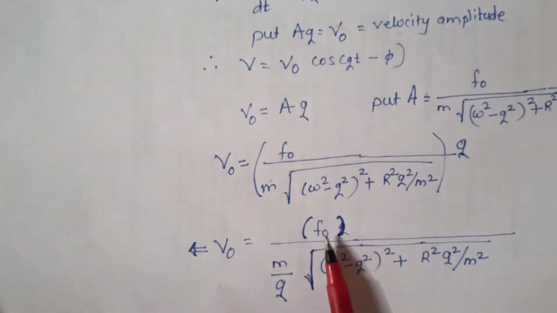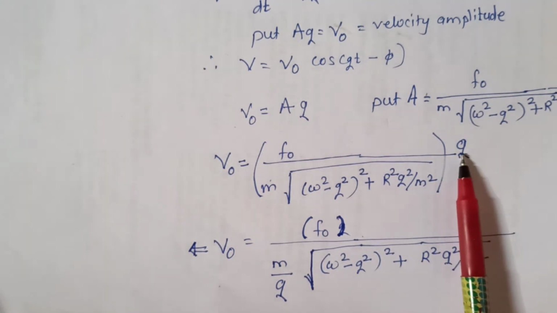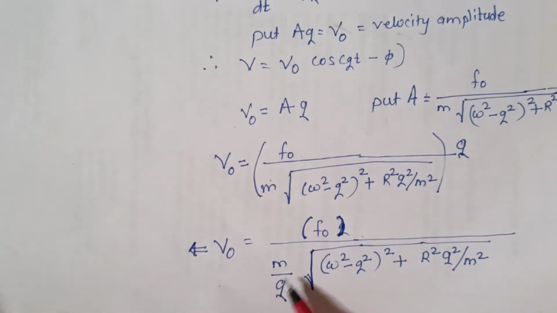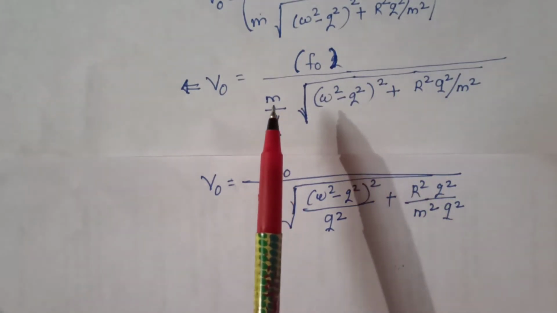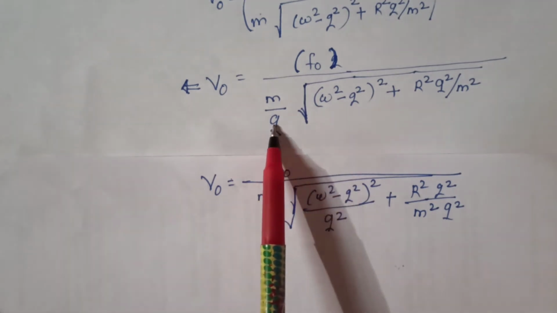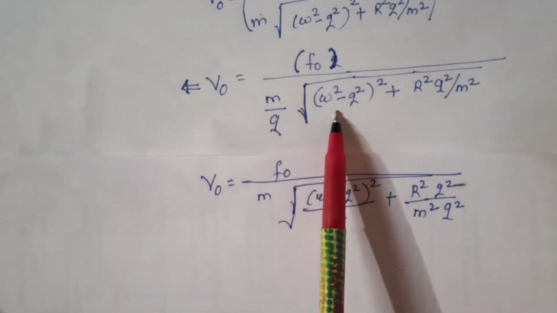v0 is equal to f0 divided by m upon q. This q is from here. From the numerator we take m upon q. There is arrangement. Square root of [(omega square minus q square) whole square plus r square q square upon m square]. This denominator m upon q, this q is taken inside the square root, then it becomes q square.